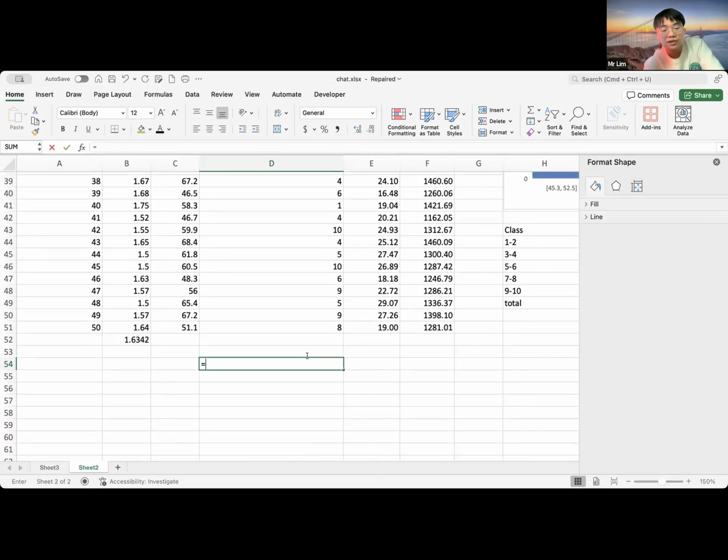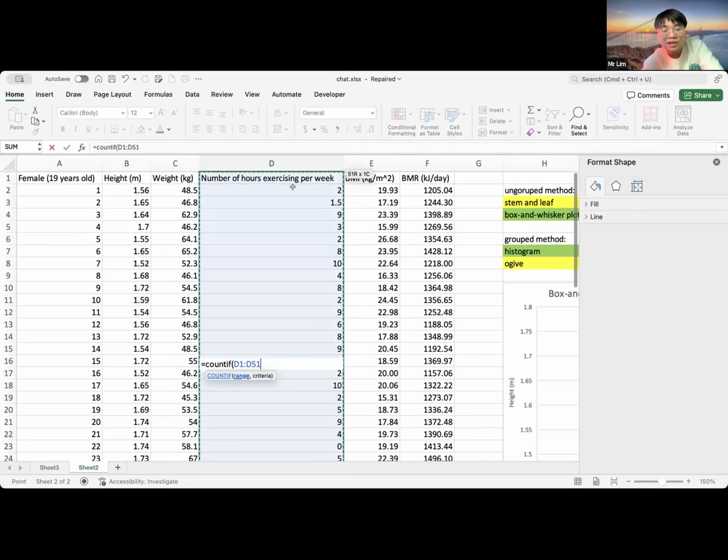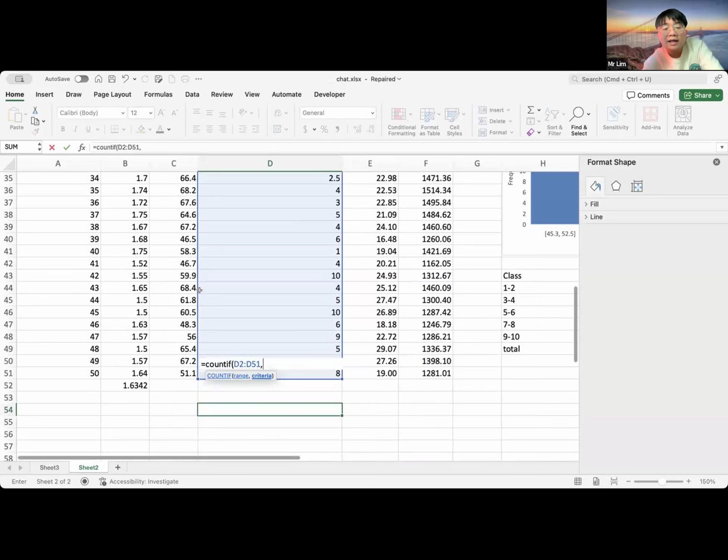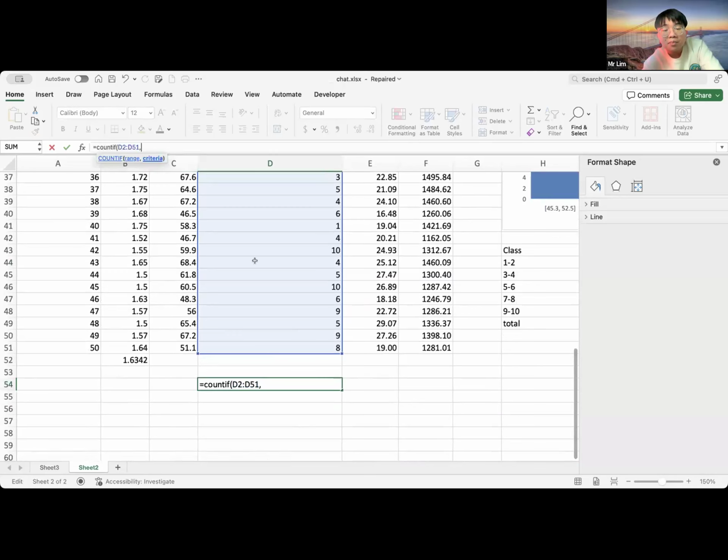So how should I count this? You also use the COUNTIF function. You open a bracket. It's the same range, but this time you select those who have a number of exercising hours less than 2.5.